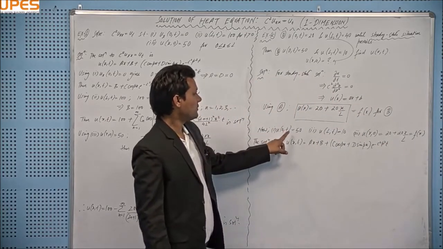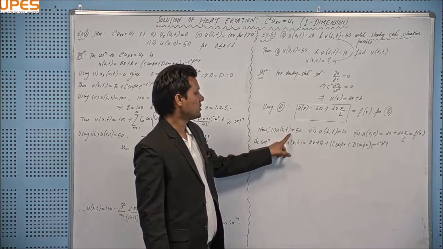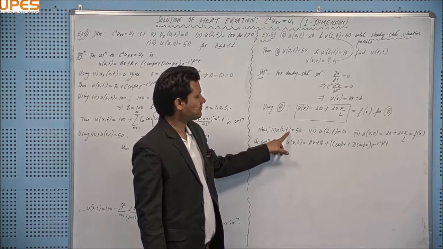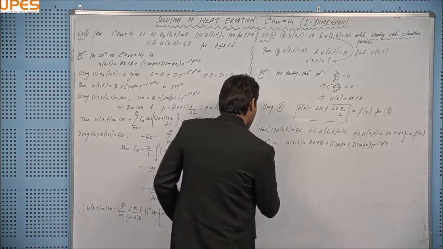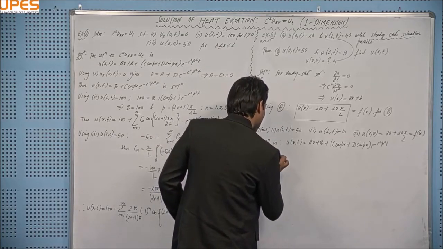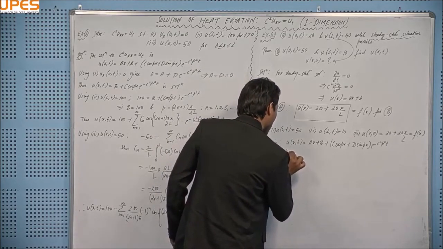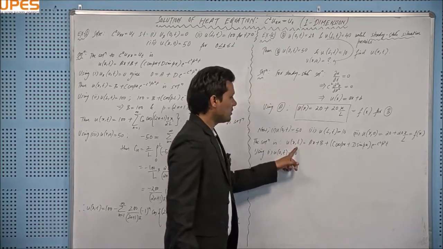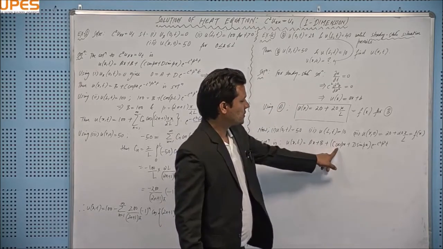Now using my first condition, u(0,t) is equal to 50, then 50 will equal b plus c.